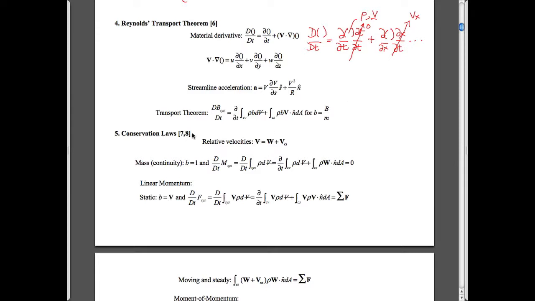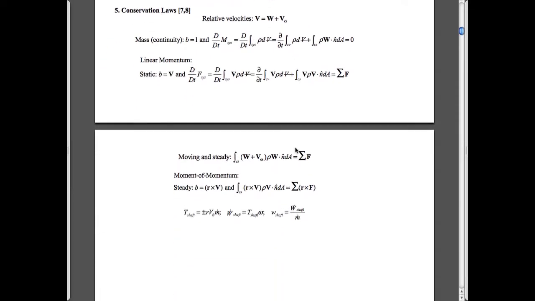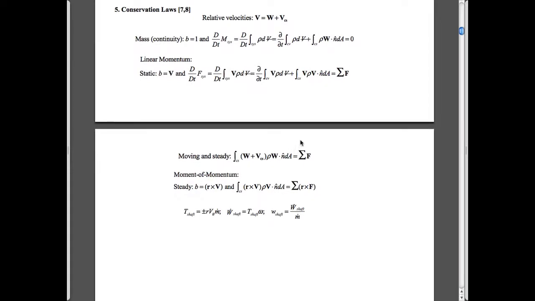The important thing is that we've talked about Bernoulli, and most of the material is Bernoulli. This is all preamble for Reynolds transport theorem. I'm not going to ask you to derive anything in Reynolds, but we have used Reynolds transport theorem to define behavior for two different systems: one in terms of conservation of mass, and one in terms of conservation of momentum.